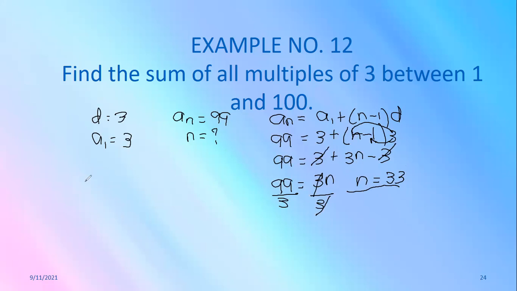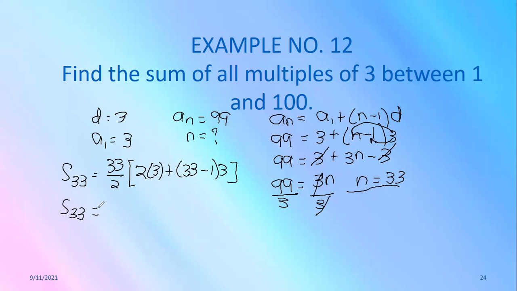So ibig sabihin, sum of 33, which is equal to 33 over 2 multiplied by 2 multiplied by 3, plus 33 minus 1 multiplied by 3. Ayun na yun. Okay, so sum of 33 numbers between 1 and 100. So this is 33 over 2 multiplied by 6 plus 32 times 3.